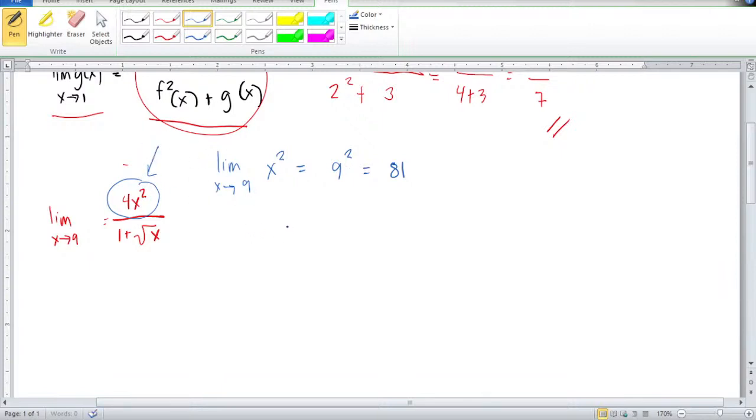Now, how about for the limit of this one, square root of x, as x approaches 9? So simply, square root of 9, that is 3. Therefore, the value of the limit of this square root of x is 3. Or, if you can directly substitute it, class, much better.